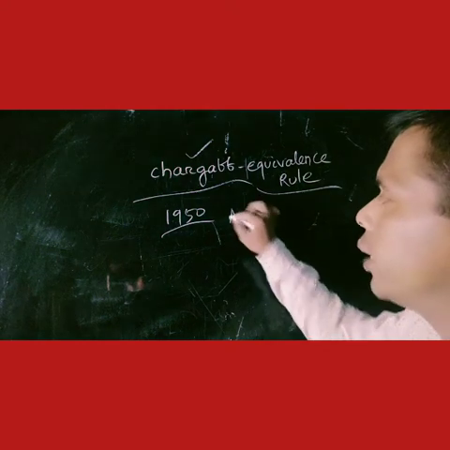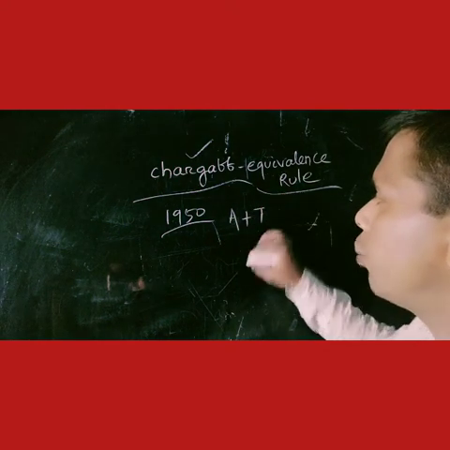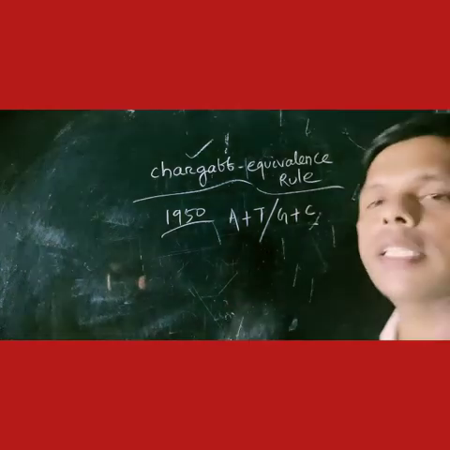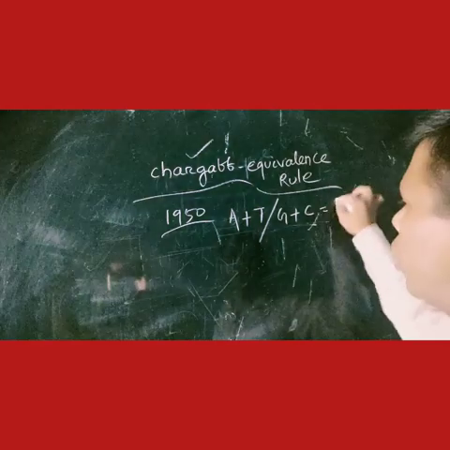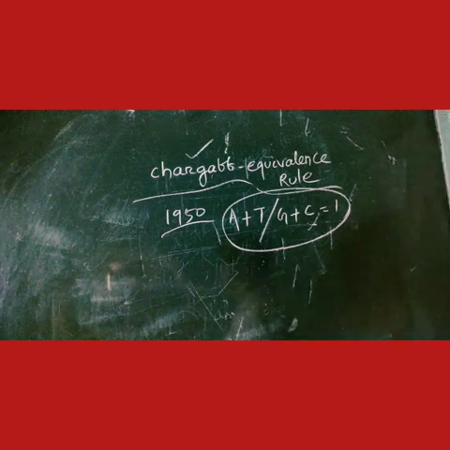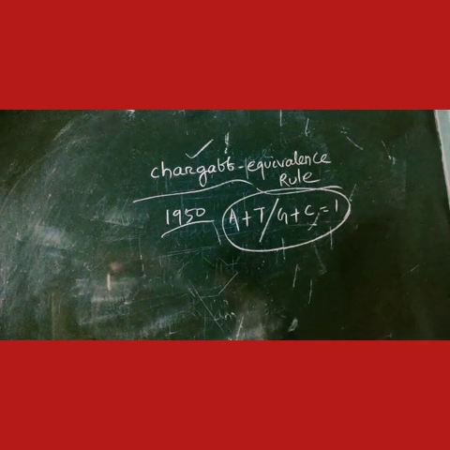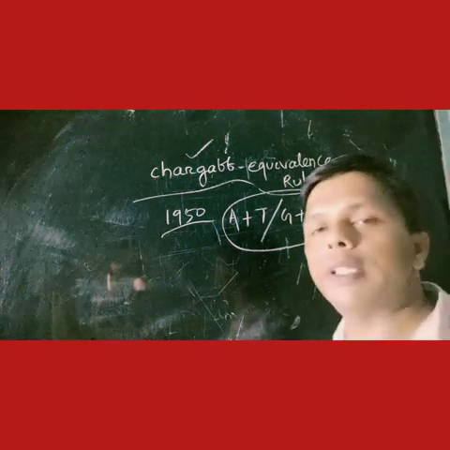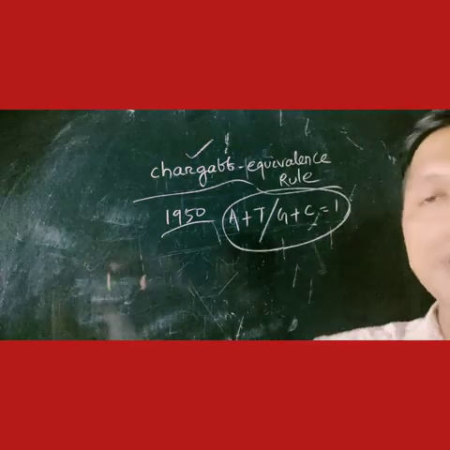If we take the ratio of adenine to thymine and guanine to cytosine, it is equal to 1. This is called Chargaff's rule. The DNA molecule of each species obeys this concept.